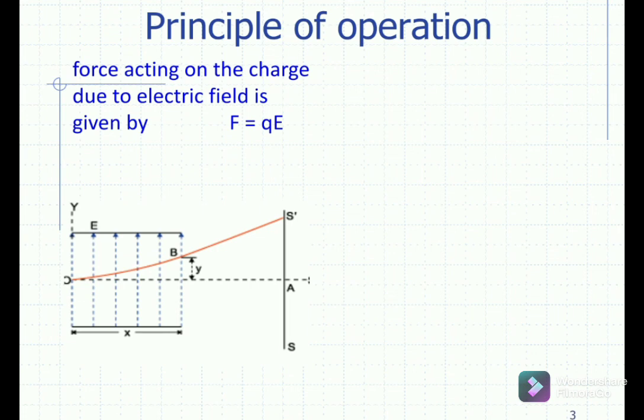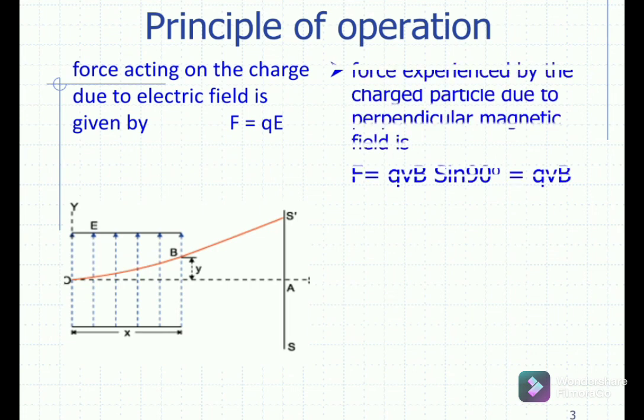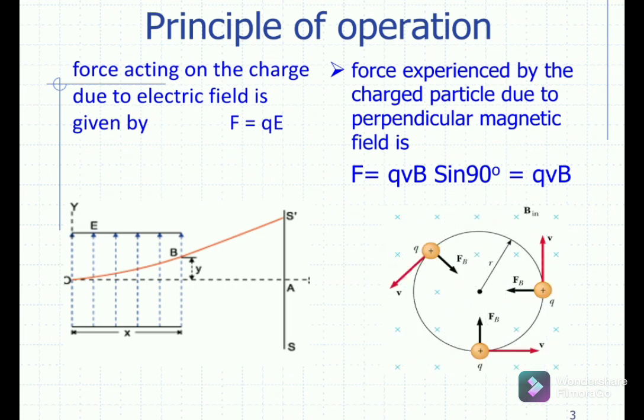Now what will happen to this charge when it moves in a perpendicular magnetic field? When this charge moves in a perpendicular magnetic field, it will experience a force equal to QvB. This force will help it move in a circular path in accordance with Fleming's left hand rule.